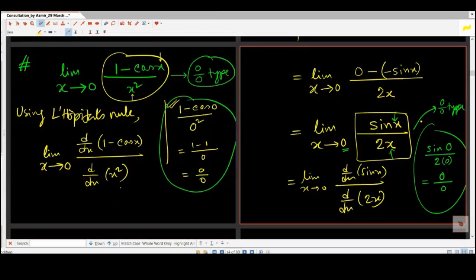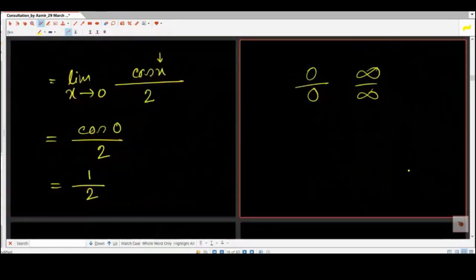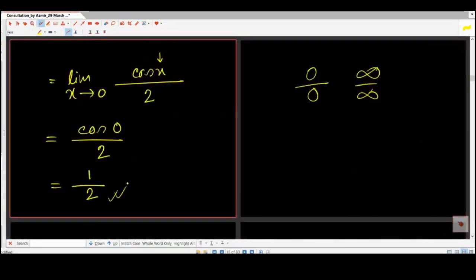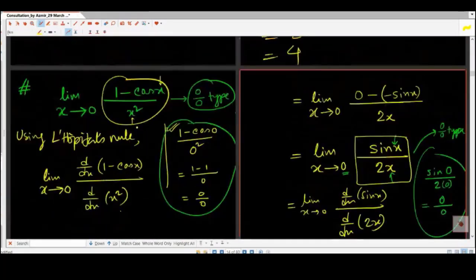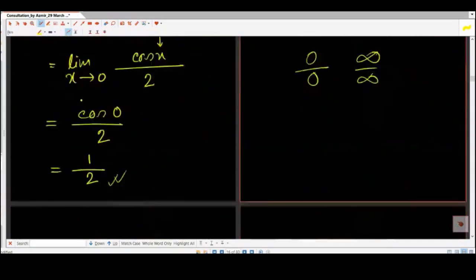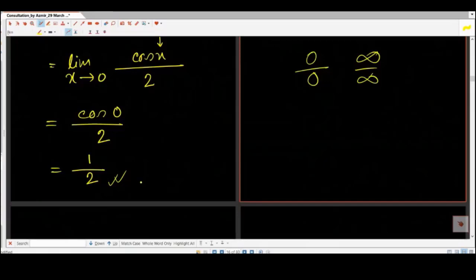Again, we have to check whether it is of 0 over 0, infinity over infinity or not. If it is again 0 over 0 or infinity over infinity, we have to differentiate again. That's why we have differentiated sine x and 2x separately. And finally, we are getting the result. So we can say that the limiting value of this function when x approaches to 0 is equal to 1 over 2. This is by using L'Hopital's rule.